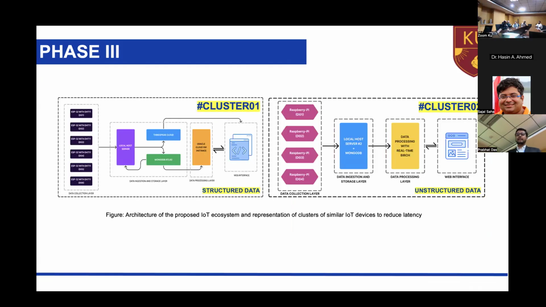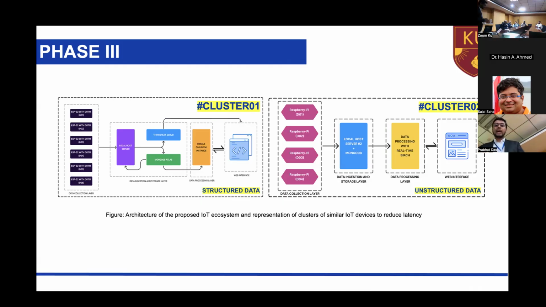Since we wanted a mechanism which could handle those streams efficiently, we created parallel physical-level clusters of two different components, one for collecting structured data and one for collecting unstructured data, specifically the images.